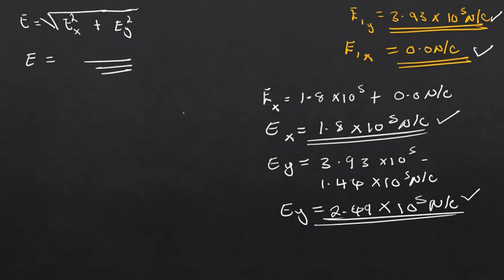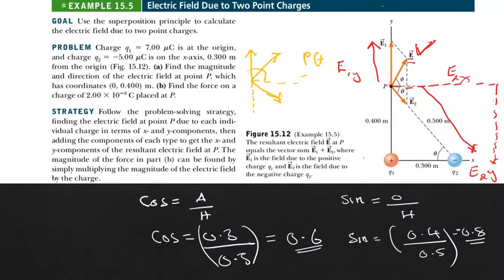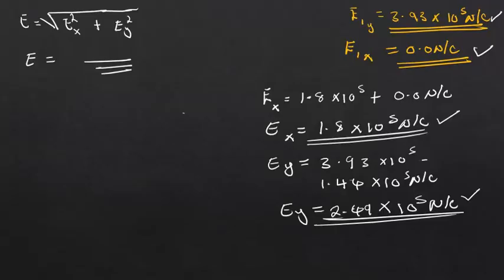And of course, they're saying find the force on the charge. So if you want to calculate the force, remember that the electric field, let's say the one calculated here is B, is equal to force over the charge.